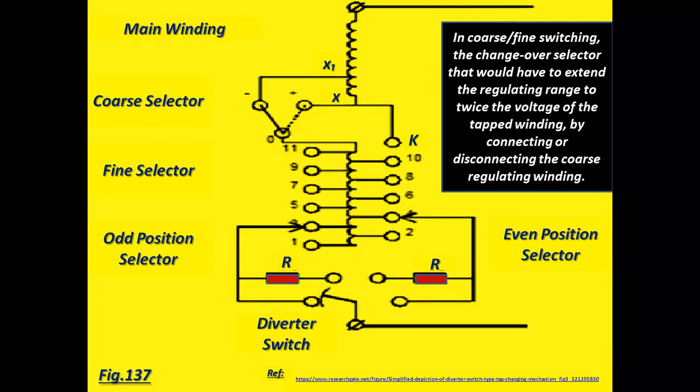See the diagram. In coarse or fine switching, the changeover selector would extend the regulating range to twice the voltage of the tapped winding by connecting or disconnecting the coarse regulating winding. One is even position, another is odd position.